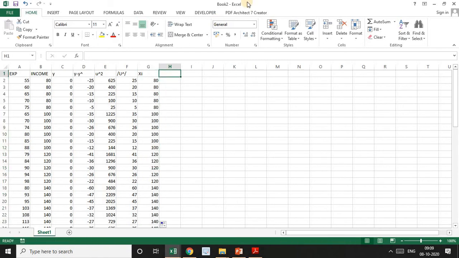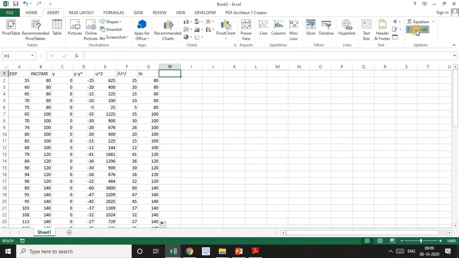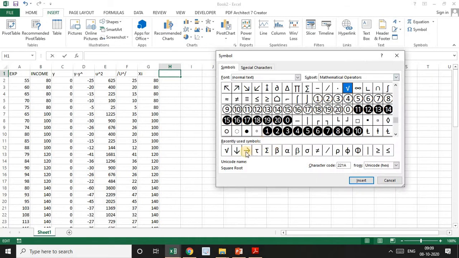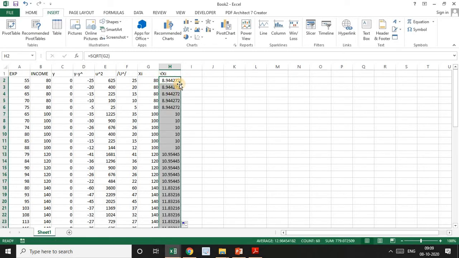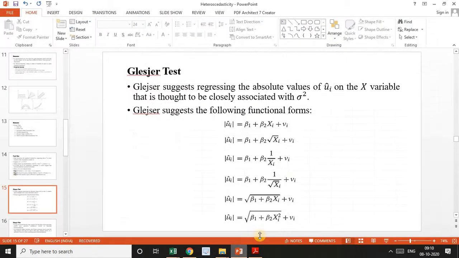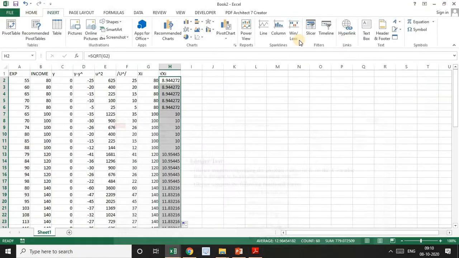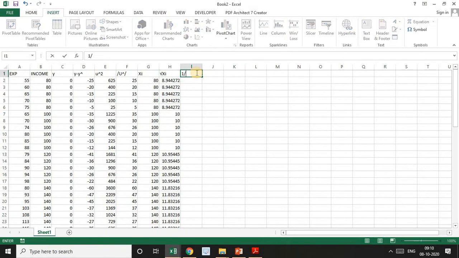And the next thing is root xi. Root xi is equal to sqrt of xi. And the next one is 1 by xi. 1 divided by xi is equal to 1 divided by this one.